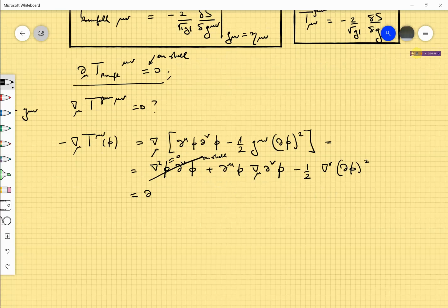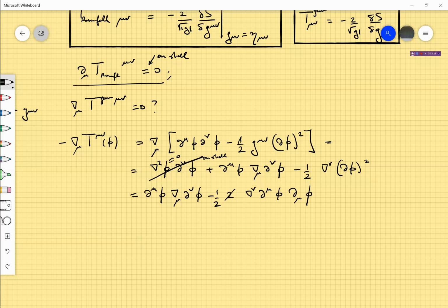Let me operate a bit. I have two partial derivatives of phi, which gives me a factor of 2, and what I get is two terms of this kind.